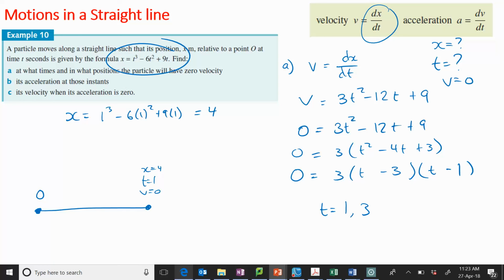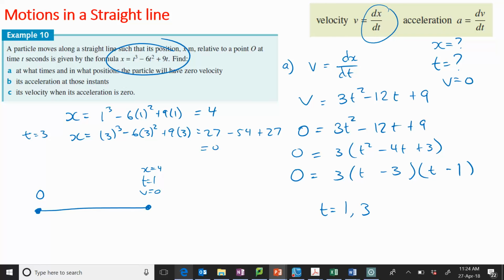Right? So I need to now know when t equals 3, where is my position? So I've got 3 cubed minus 6 times 3 squared plus 9 times 3. That works out to be 27 minus 54 plus 27. What does that work out to be?